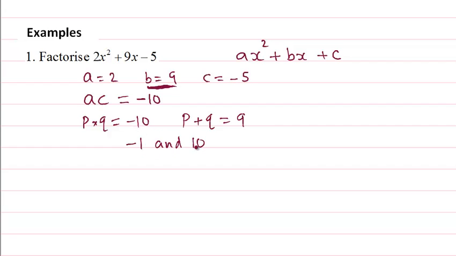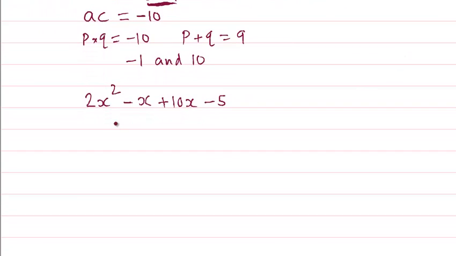When we add, we get 9. So now instead of 9, we can use these two factors. So we rewrite that question 2x squared, but instead of 9x we split into two parts. We call it minus 1x plus 10x, then the constant term minus 5.